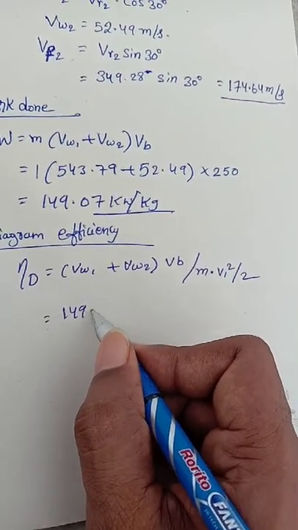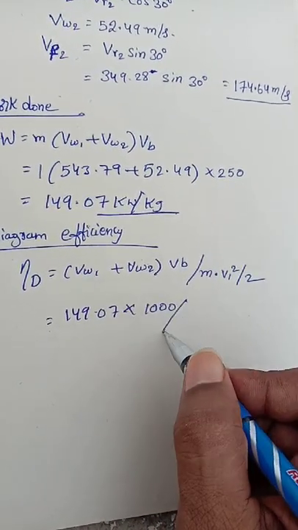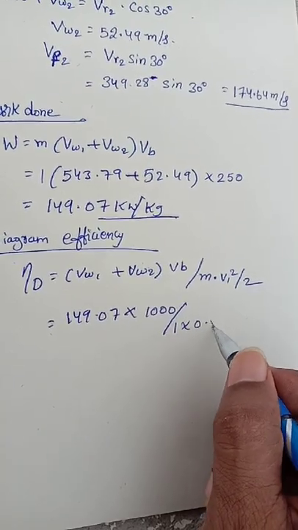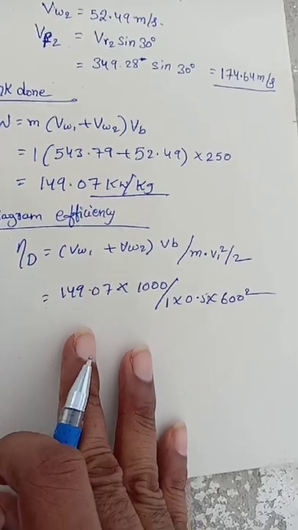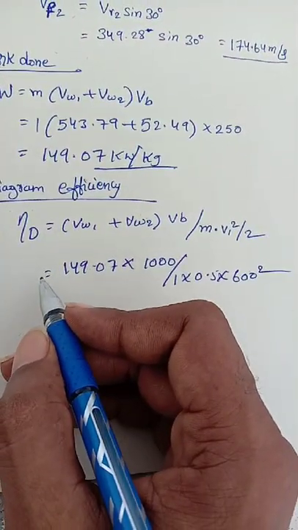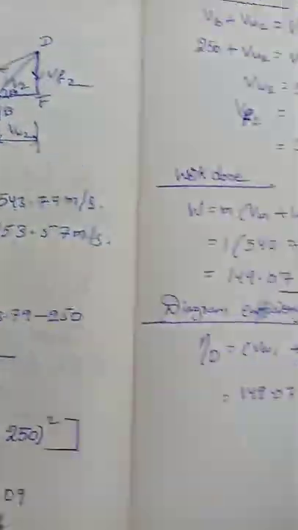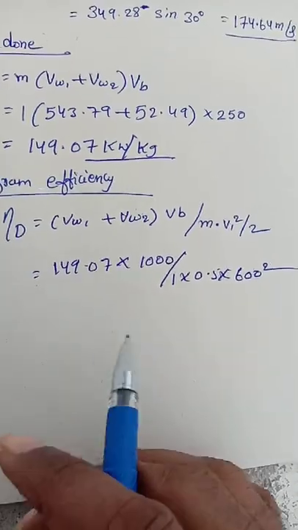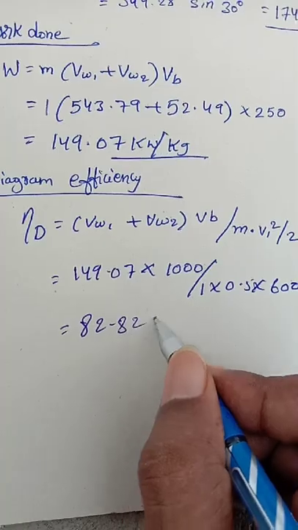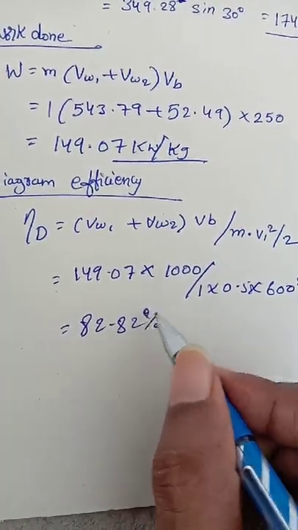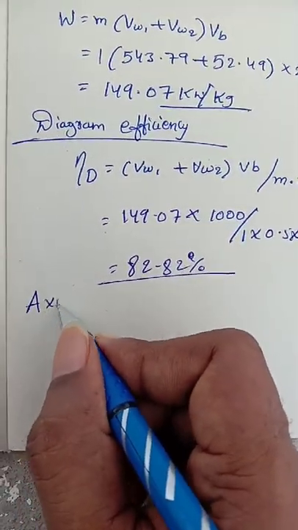Now here, 0.7 into 1000, 1 into half is 0.5, V1 whole square. V1 is given for the blade, here 600. So now I substitute in here. Now calculate this. We'll get 82.82% diagram efficiency.